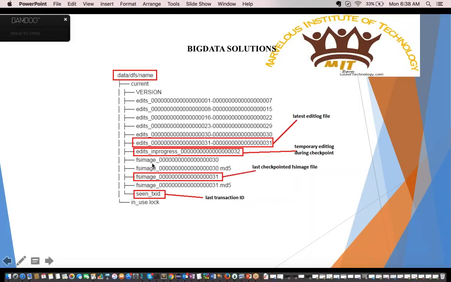While it is in process, it is edits_new. In progress means edits_new. During the checkpoint, whatever edits are written will be called edits_inprogress. Then it will be merged, and whatever is merged will be put back. And again, the latest checkpoint image will be merged with the in-progress edit log.